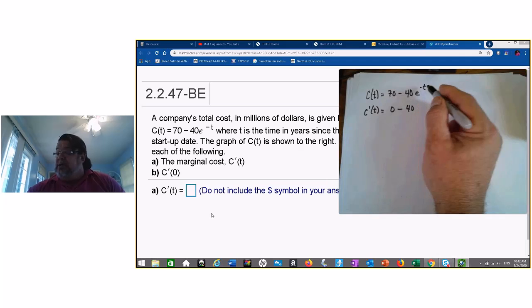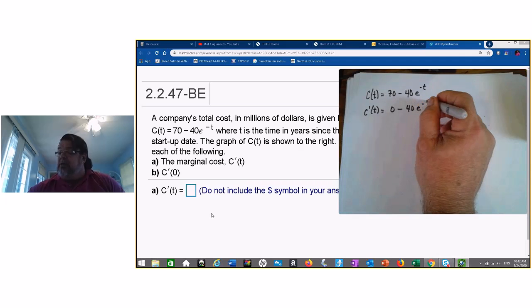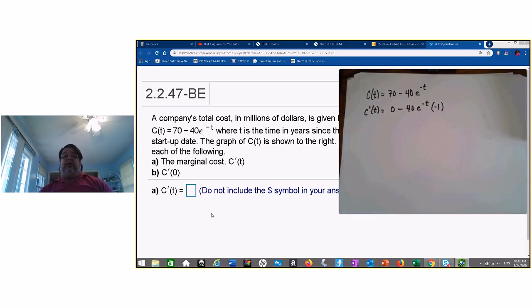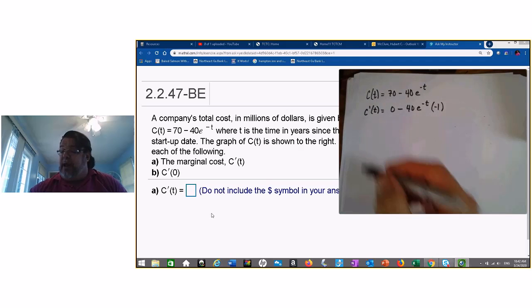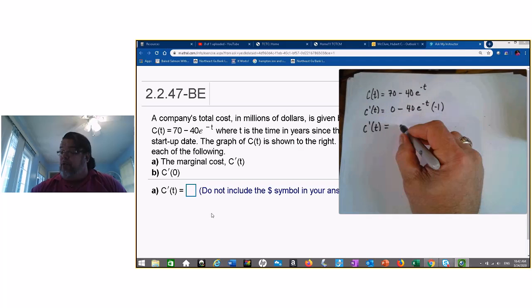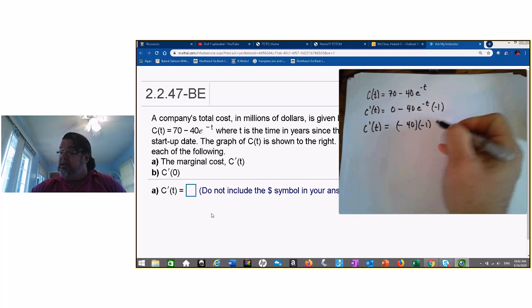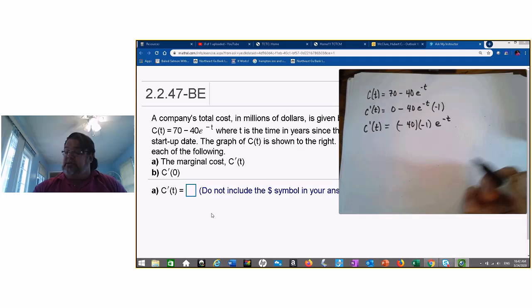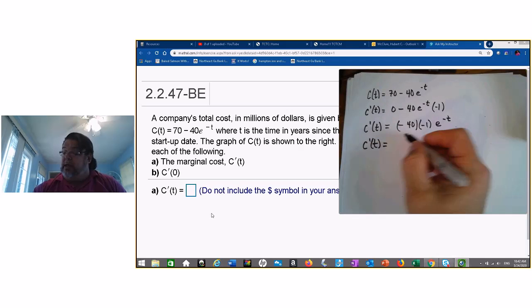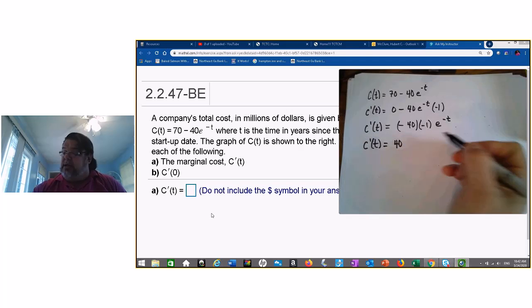So that means it's e to the negative t, but what's the derivative of negative 1t? Negative 1. And that negative 1 changes the whole outcome of the problem. So C prime of t is equal to negative 40 times negative 1 times e to the negative t, and C prime of t is equal to 40e to the negative t.